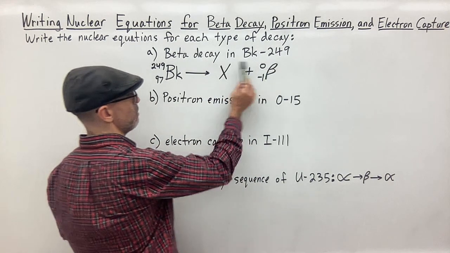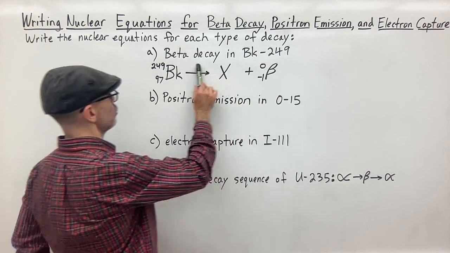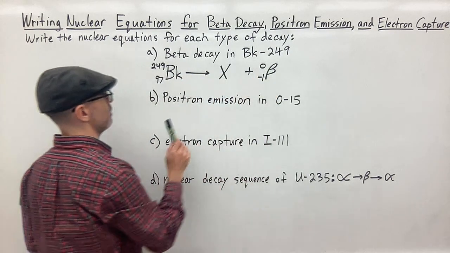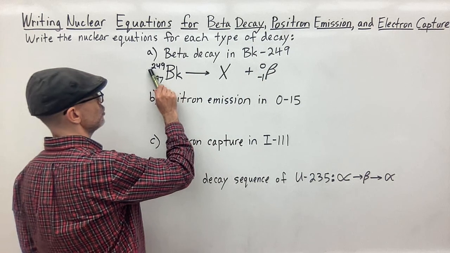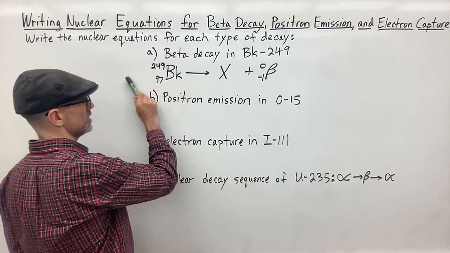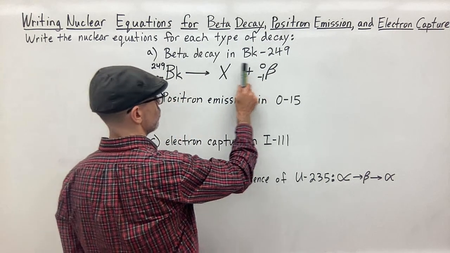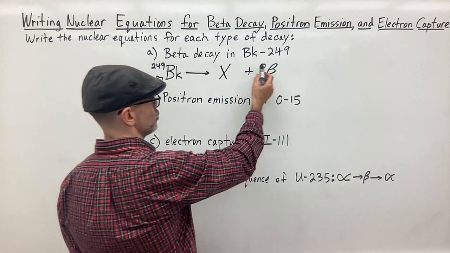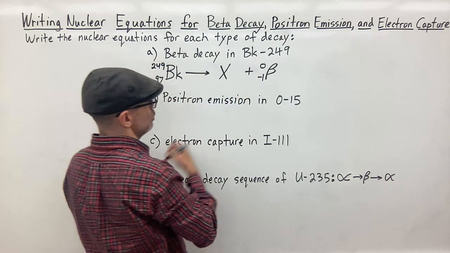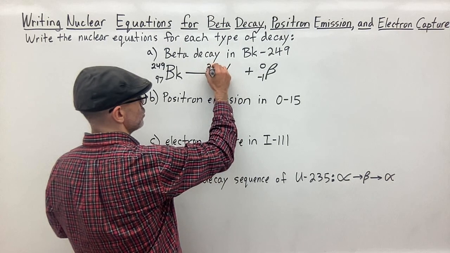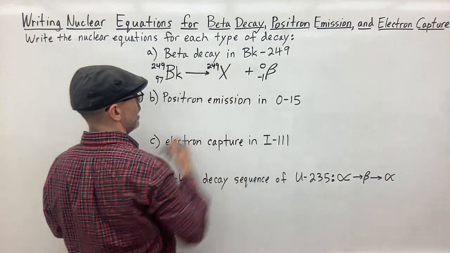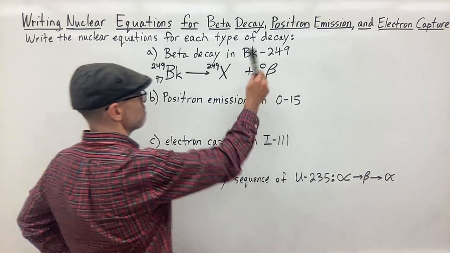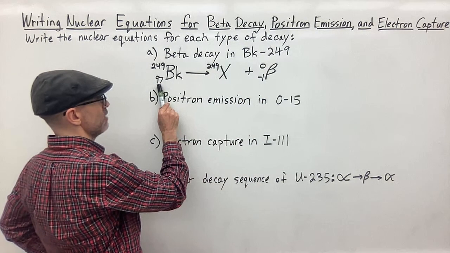So again, we need to balance the sides. So the total on this side has to equal the total on this side, top and bottom. So I have 249 total on this side, and I have 0 plus something is going to give me 249. If I subtract 0 from 249, I get 249. So that's going to be 249 on top here. And then here on the bottom, I have 97.